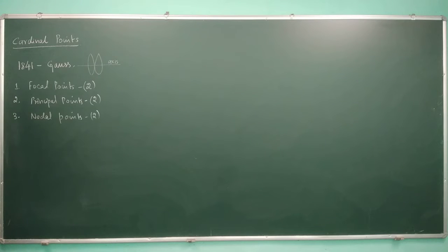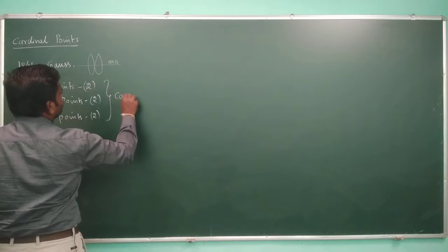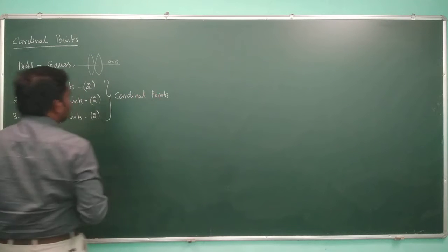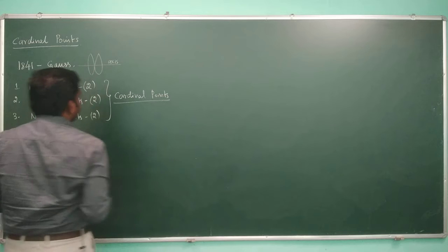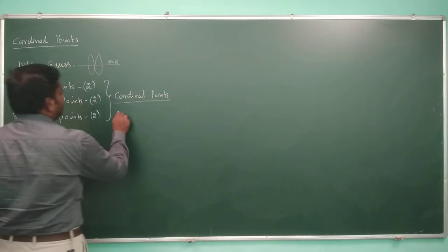We are going to learn that a moment later, but prior to that, these 6 points are called cardinal points, and the planes corresponding to these points are called cardinal planes.